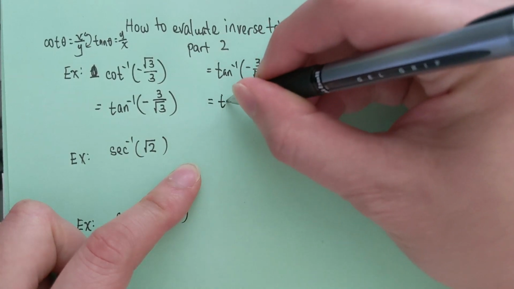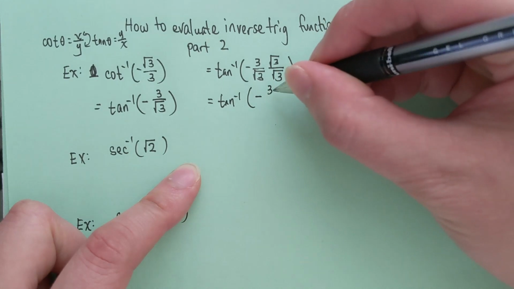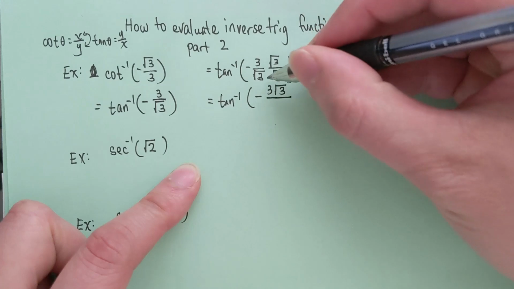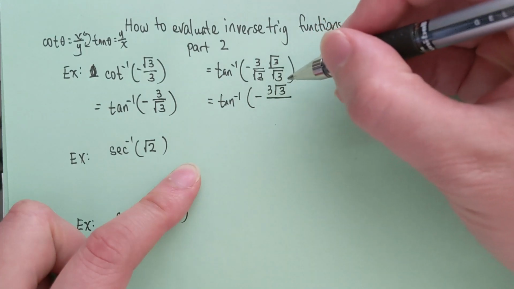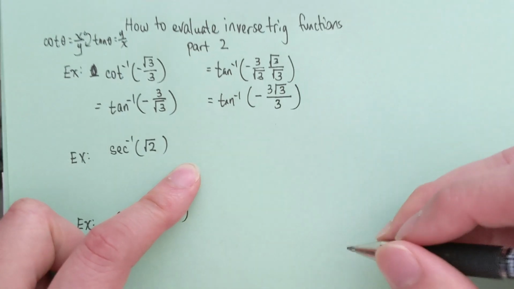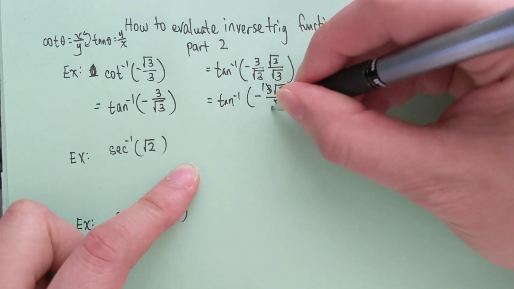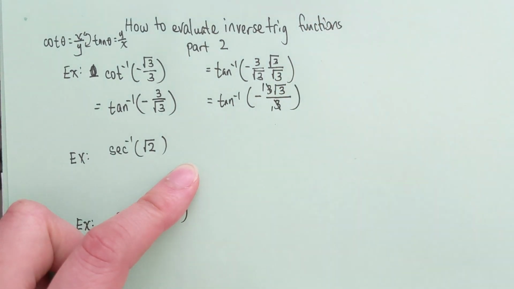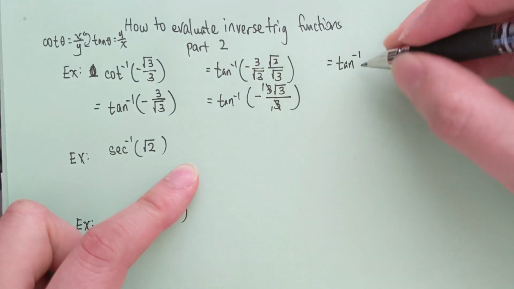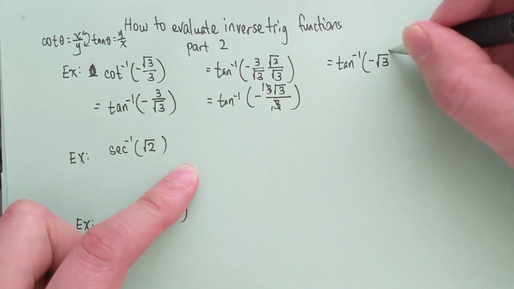That will give me an arctangent of negative 3 times the square root of 3 on top, and square root of 3 times square root of 3 is square root of 9, and the square root of 9 is simply 3. From here we can see that 3 and 3 will reduce to 1 and 1 because you can divide each of them by 3. Therefore, what you really have left is arctangent of negative square root of 3.